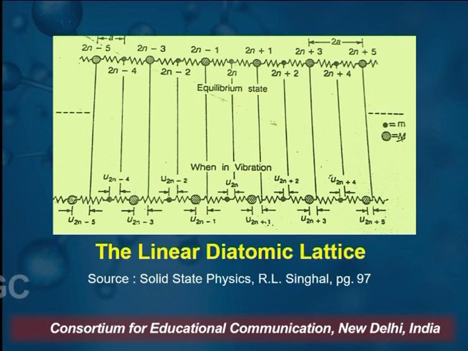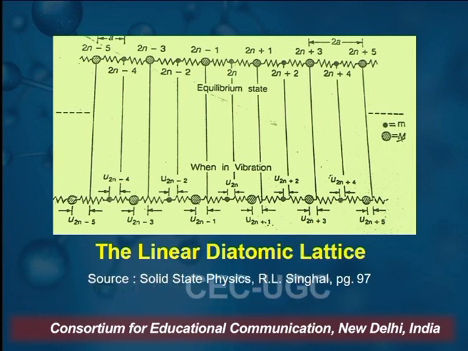The next will be the 2n plus 2th one, which will again be a smaller mass, small m. On the left, the one will be the 2n minus 1th mass, which is the heavier mass capital M. The 2n minus 2th will be the lighter mass small m.